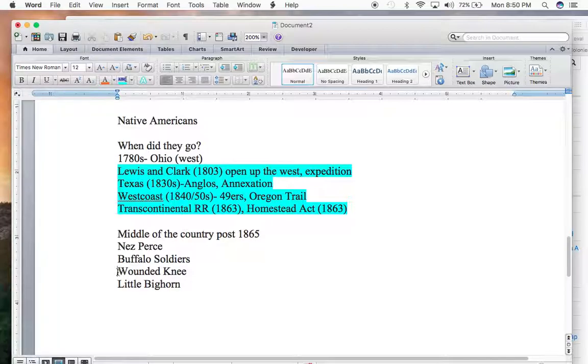But then we also have an insanely ugly treatment of Native Americans and the Battle of Wounded Knee, and it wasn't the massacre at Wounded Knee, I should say, and the Battle of Little Bighorn are two of the most famous. But the treatment of Native Americans is absolutely horrendous. That's going to need to find its way in.